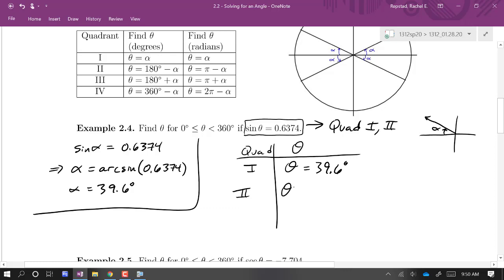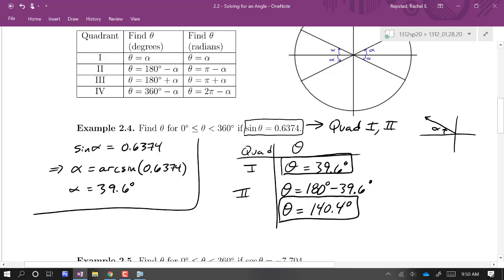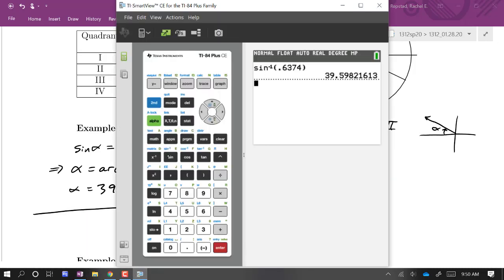So I'm going to take 180 minus 39.6 degrees, which is 140.4. So these are our two angles. You could check: if I pop in sine of 140.4, I get 0.6374 and a little bit. I need to approximate the angle, so that makes sense.